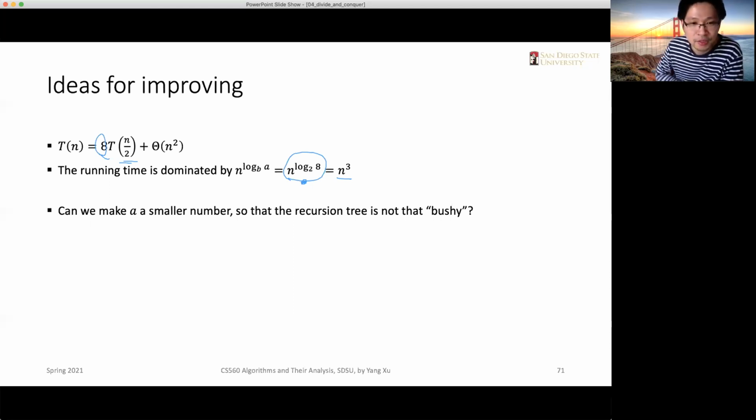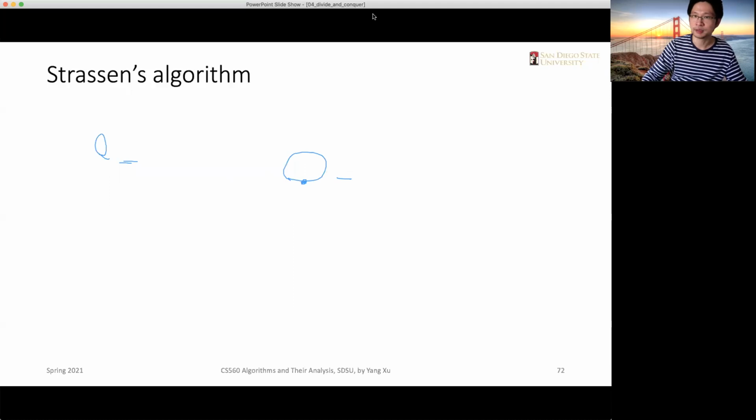Okay, so following this slide, following the idea that we want to have some smaller a instead of this constant a here, that seems to point us a direction to further optimize the solution. All right, so we'll look at what's called Strassen's algorithm.